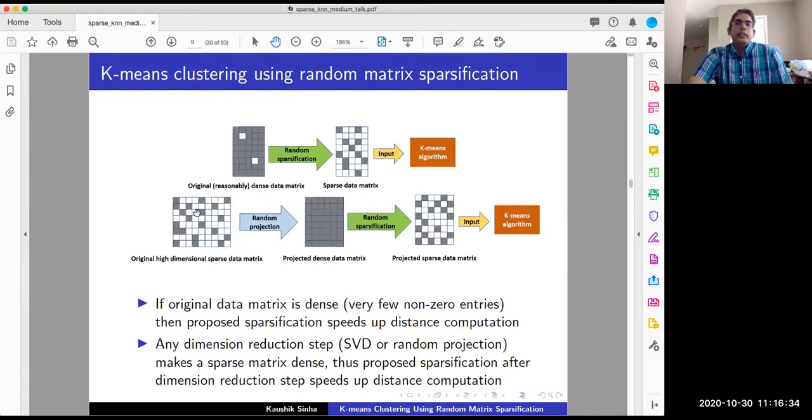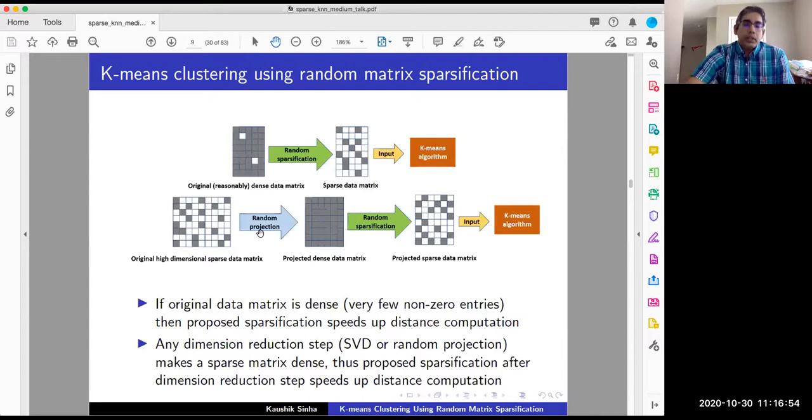The other situation is that the original high dimensional data can be very sparse to begin with, which is typically true for text data, where you represent documents in the bag of words format. But typically for such high dimensional data, people don't use k-means clustering as it is.